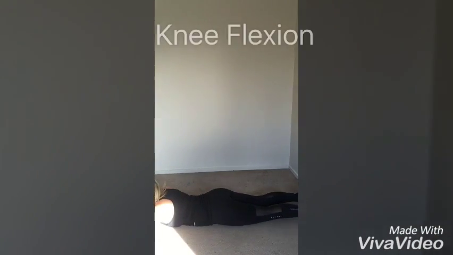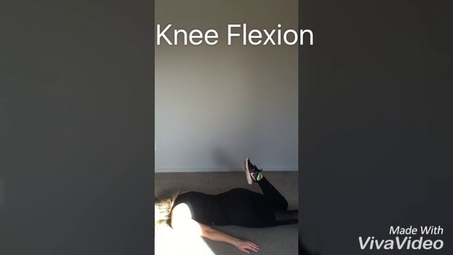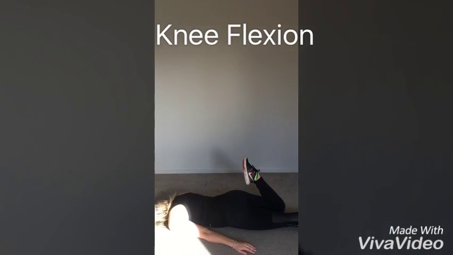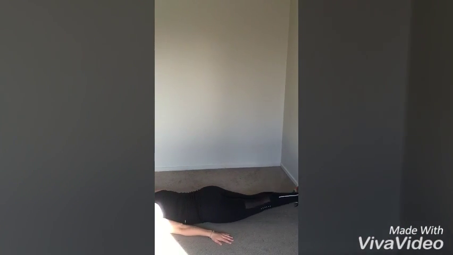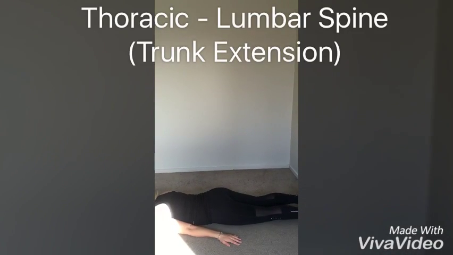Alright, from here I'll get you to bring your right knee to your backside, as far as it can go. And relax. And your left foot to your backside. And relax. Now I'm going to get you to lift your chest and your shoulders off the floor.